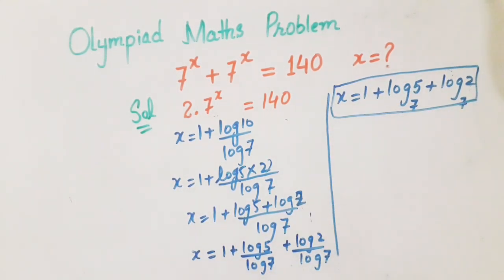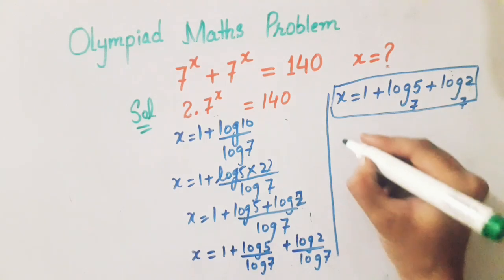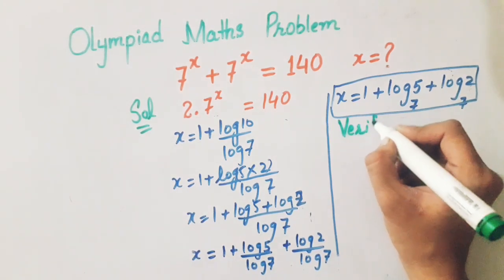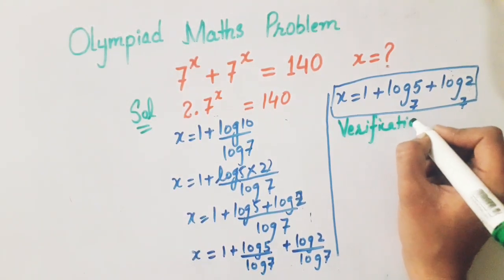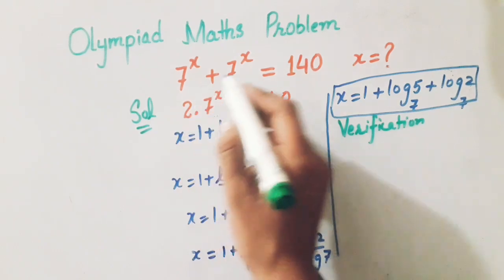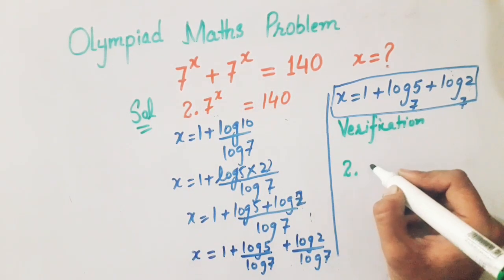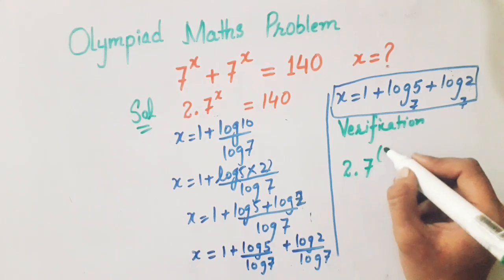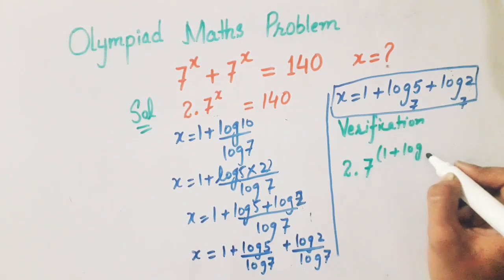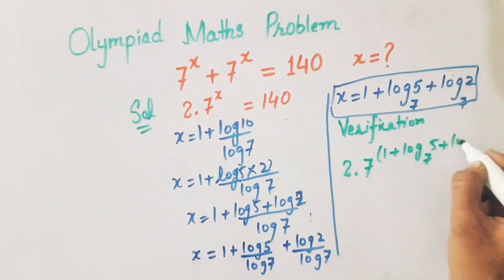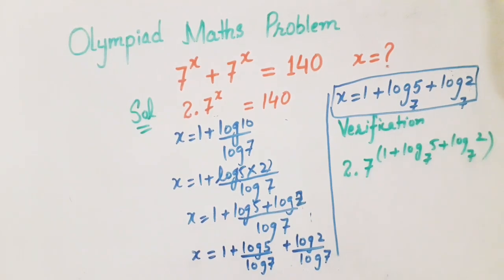Now we will do the verification, whether our answer is correct or not. So for verification, substitute the value of x here. So 2 into 7 raised to power x means 1 plus log base 7 of 5 plus log base 7 of 2.